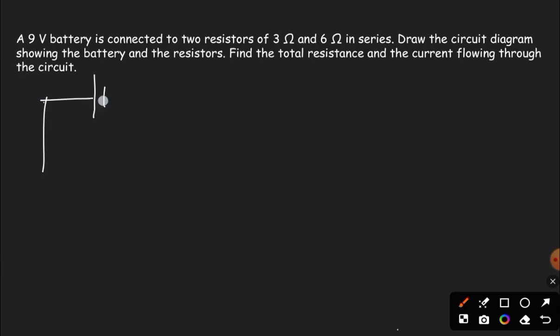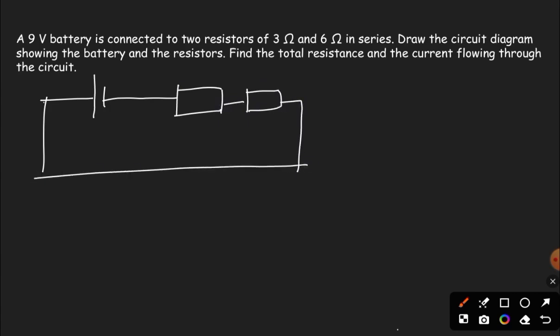We have a battery here and our 2 resistors all connected in series. Then we have our 3 ohm resistor here and 6 ohm resistor also here.